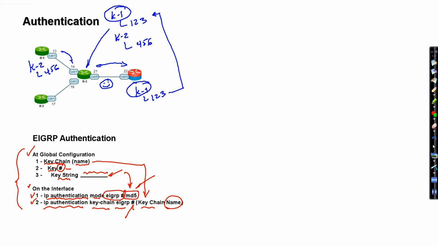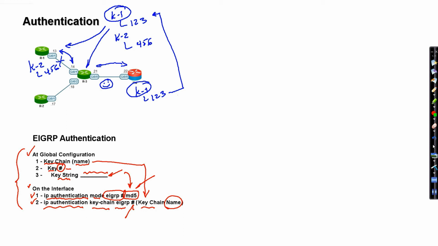However, between router 1 and router 3, R3 will send key 1 to router 1, where router 1 does not have key 1, and the authentication fails completely. So if you want a different key string for every single authentication device, I recommend a different key chain for each one of them.